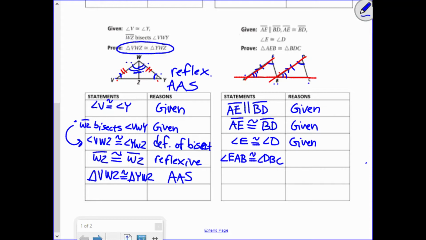So you guys can abbreviate that however you want to. You can use the name of the postulate that says that, as long as you guys are explaining that reasoning to me in your proof. So I'm going to go ahead and say corresponding angles are congruent with parallel lines.